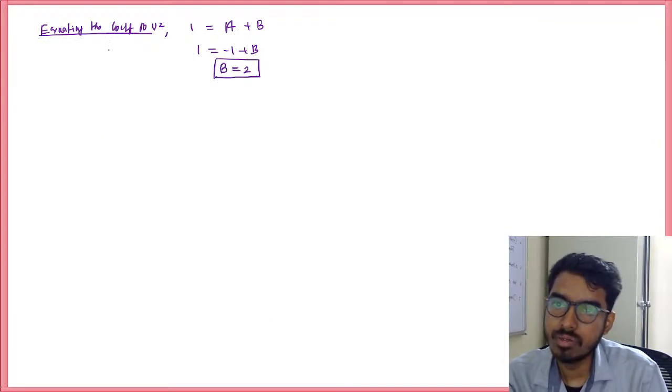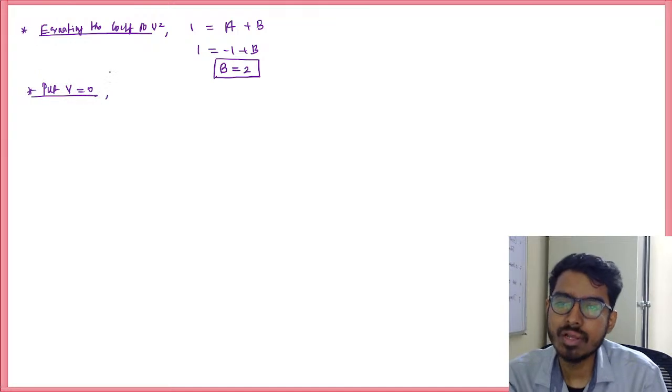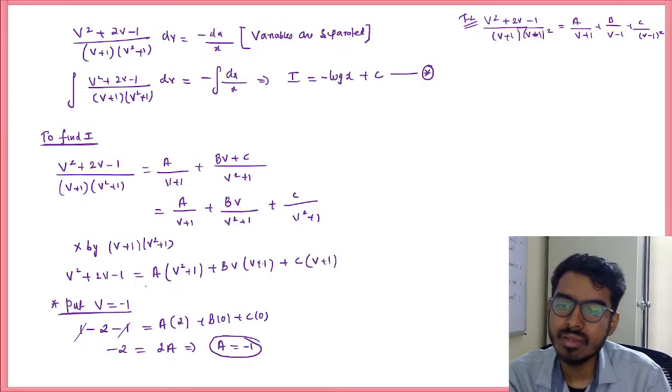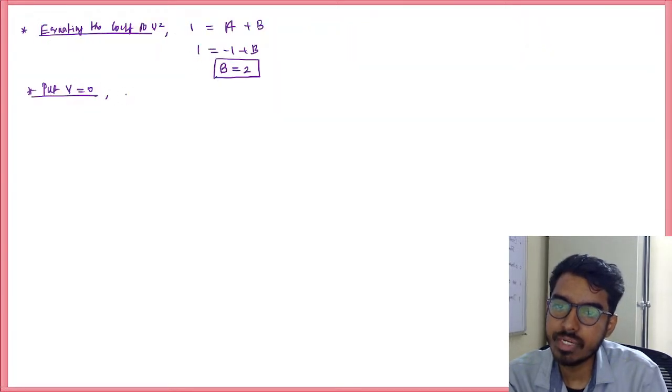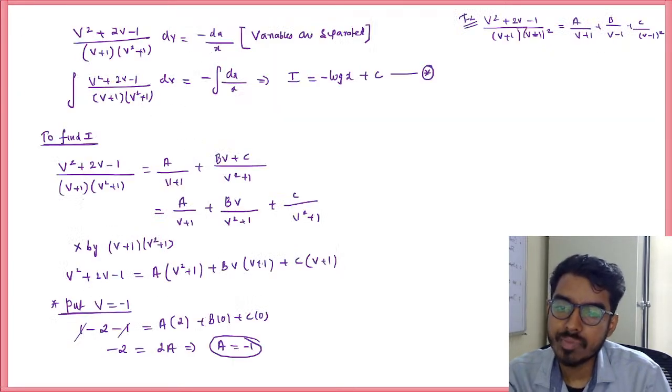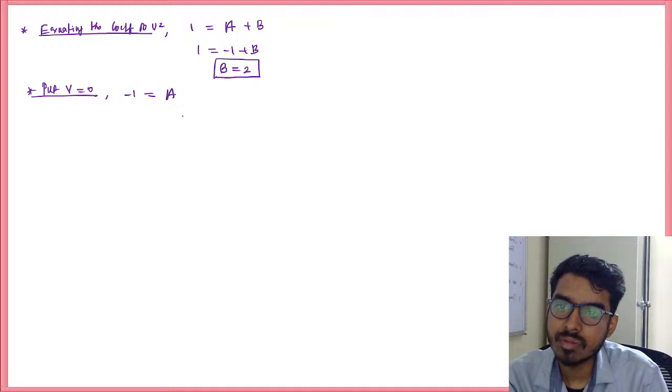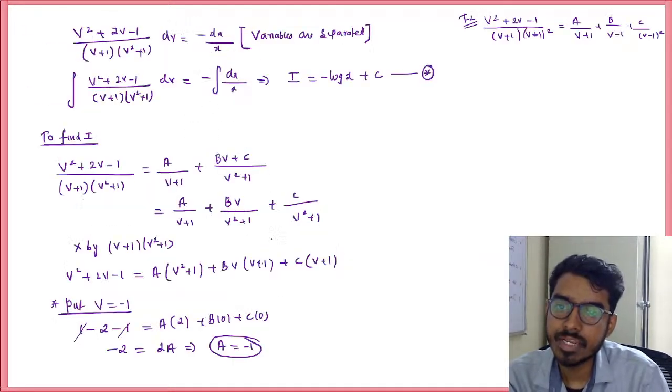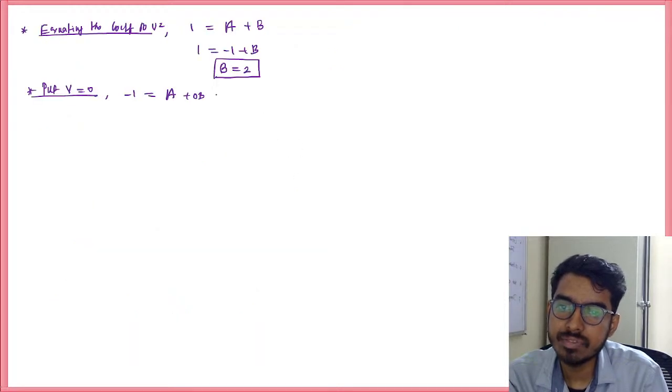Right? Now you put b equal to 0. Put b equal to 0, or you can also equate the constant term. If you put b equal to 0, you will have minus 1 is equal to a into 0 plus 1, so a, and here we will have 0 into something, and we have c.